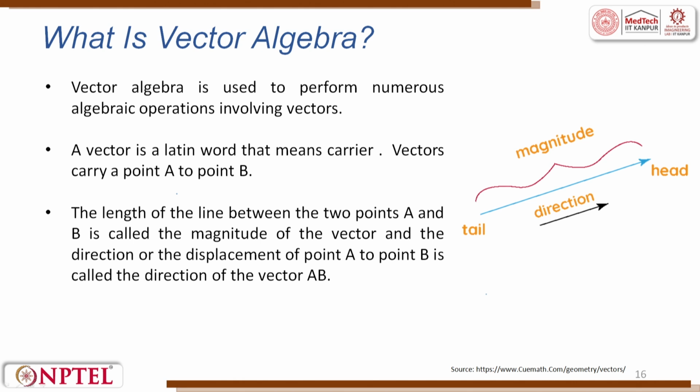Vector algebra is used to perform numerous algebraic operations involving vectors. A vector need not be in one direction, it can have multiple directions. So, if you have multiple directions, addition of these vectors, subtraction, multiplication, all these things come. So, vector algebra is very important to further process the data.